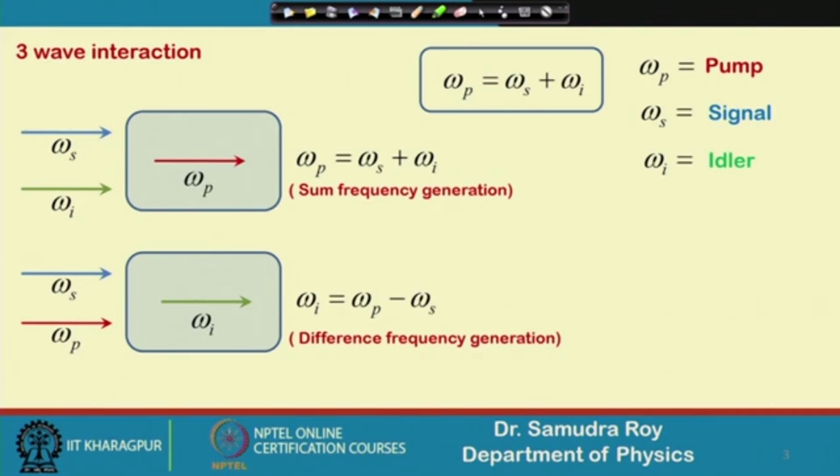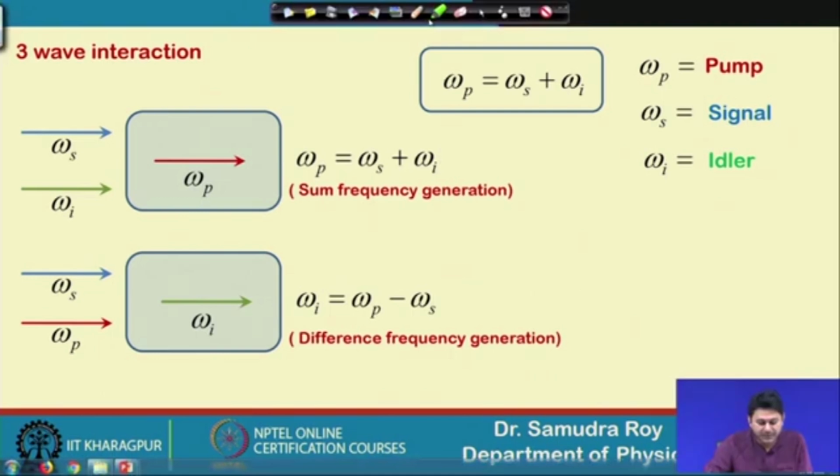So omega p is basically the sum frequency, and the difference frequency we can generate through omega p minus omega s, which gives omega i.